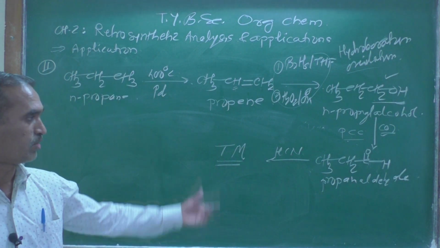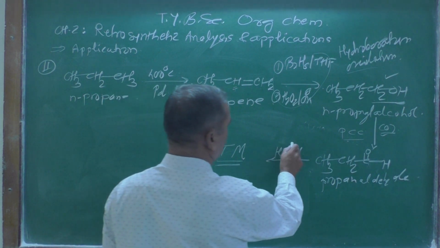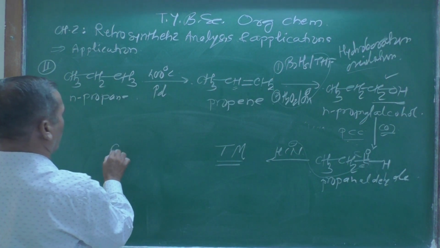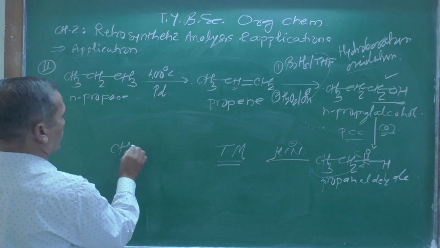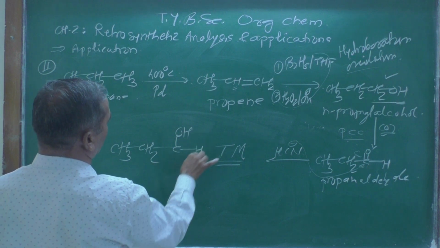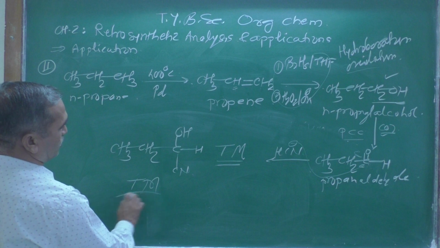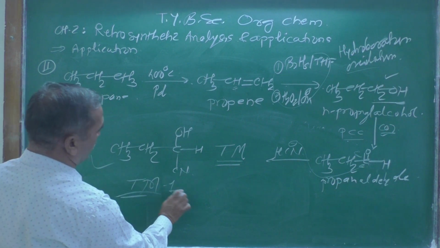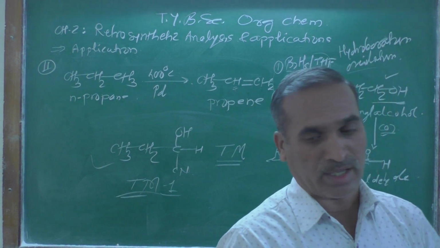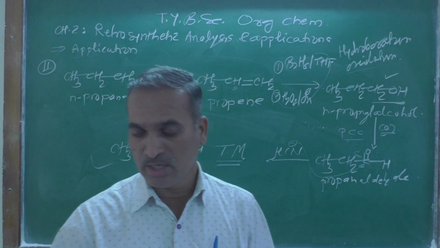CN minus is attacking there, and you are going to get your target molecule, CH3, CH2, CH(OH), CN. This is your target molecule. So in this way we can synthesize the target molecule.